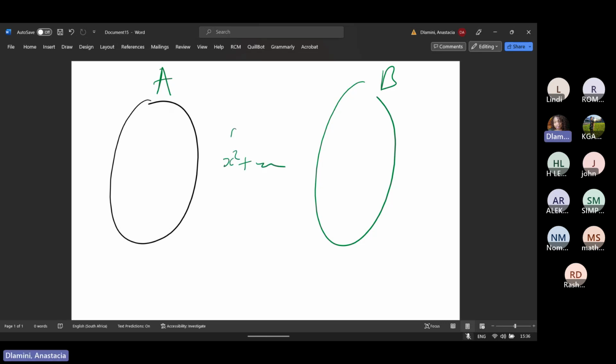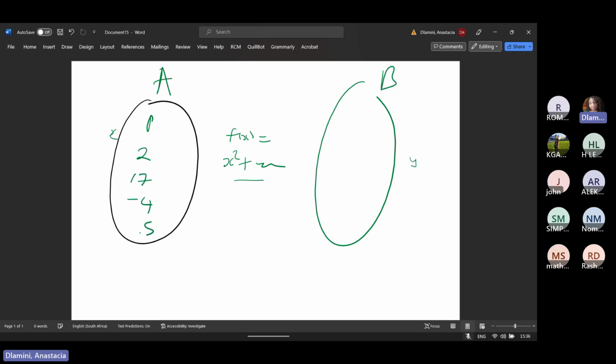We call it f of x equals. These are your x's: 1, 2, 17, -4, 5. And here you have 1, 3, 2, 14, and -1.